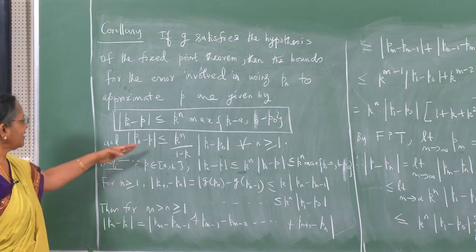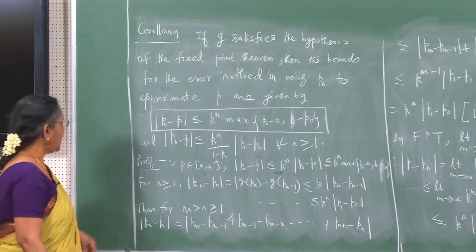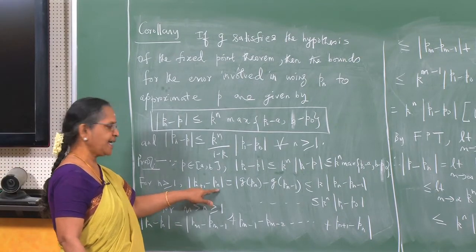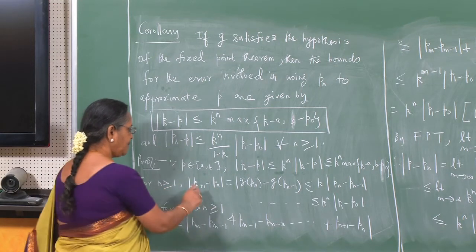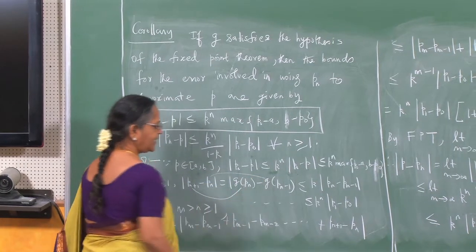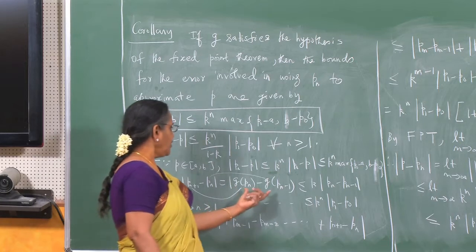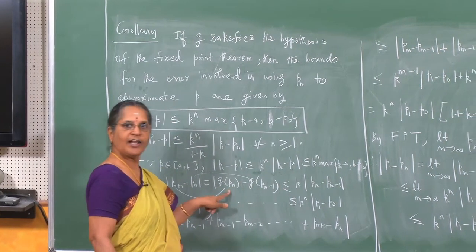Now, let us consider the proof of the second result. So, let us start with mod P n plus 1 minus P n for n greater than or equal to 1. But P n plus 1 is g of P n and P n is g of P n minus 1. So, that will be less than or equal to, we have already seen all this.